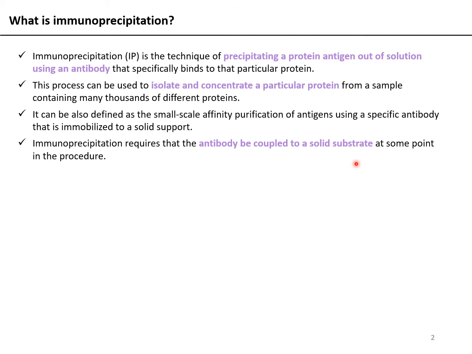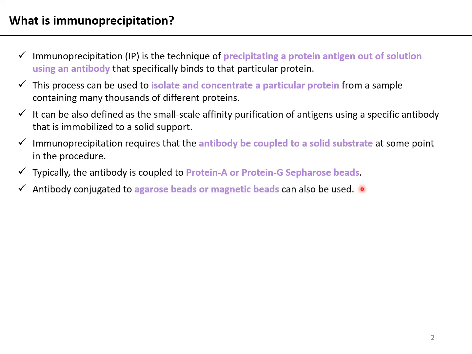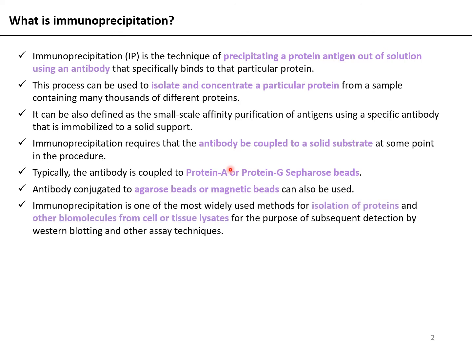As this substrate settles down, the antibody also settles down along with it, and so does the bound antigen. Typically, the antibody is coupled to protein A or protein G sepharose beads. Antibody conjugated to agarose beads or magnetic beads can also be used. But for using these magnetic bead conjugated antibodies, you will require specific magnetic stands.